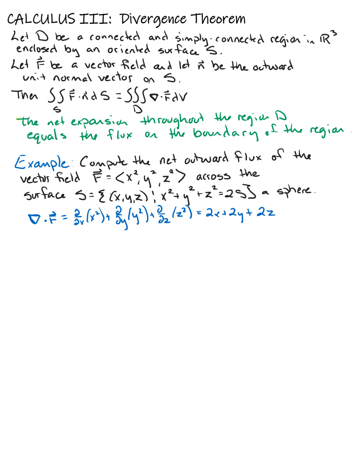Now, another thing that I notice is that we're looking at a sphere. Since S is a sphere, specifically x squared plus y squared plus z squared is equal to 5 squared, let's use spherical coordinates.